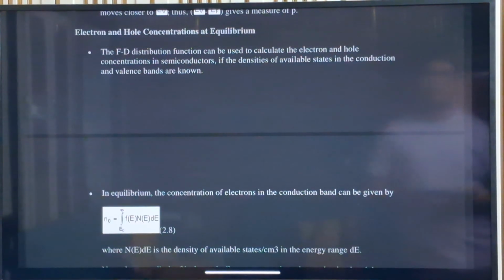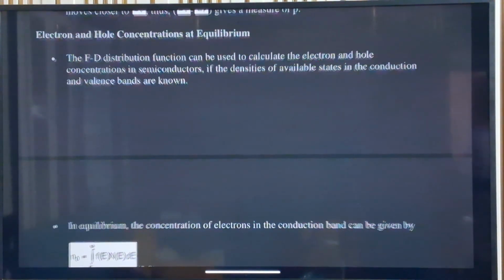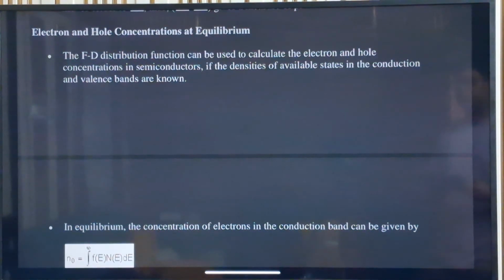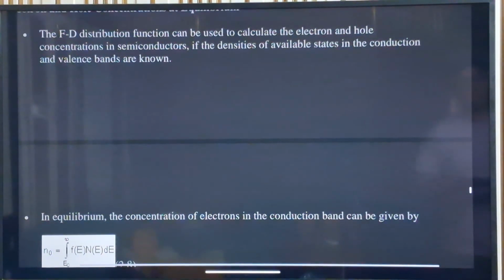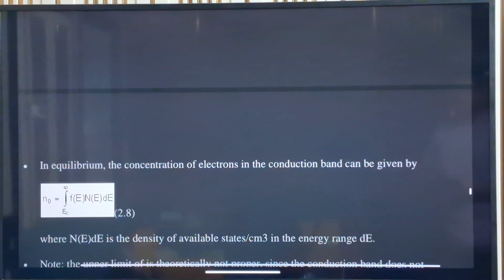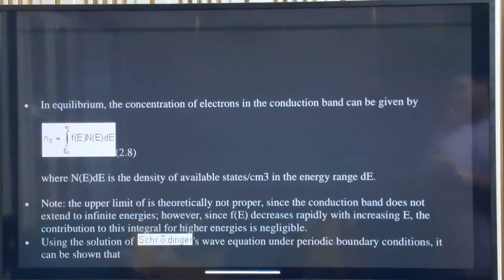So, electron and hole concentrations at equilibrium: the FD distribution function can be used to calculate the electron and hole concentration in semiconductors if densities of available states in the conduction and valence band are known. So in equilibrium, the concentration of electrons in the conduction band can be given by this formula.